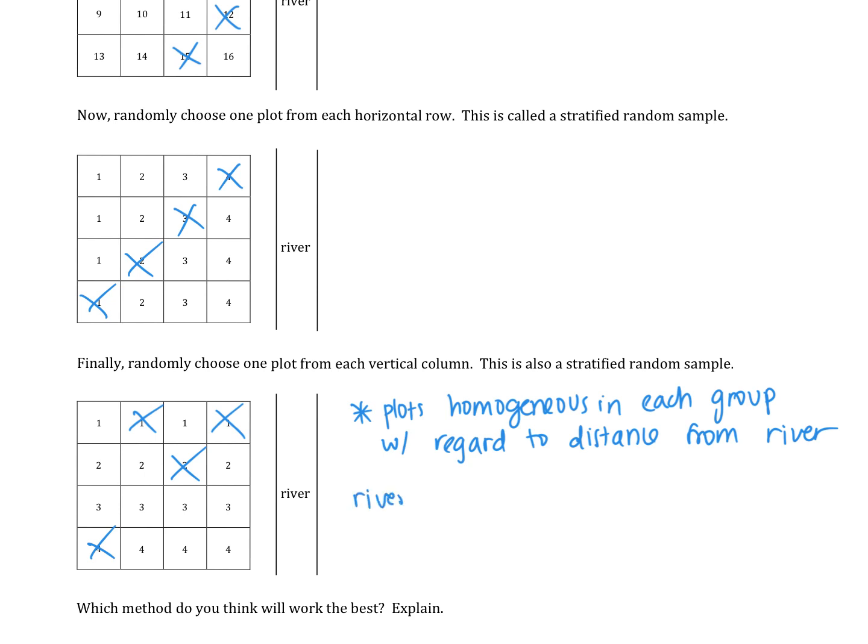The river could affect crop yield, and that is our response variable. So anytime you do a stratified sample, you have to connect why you are stratifying to the response variable.